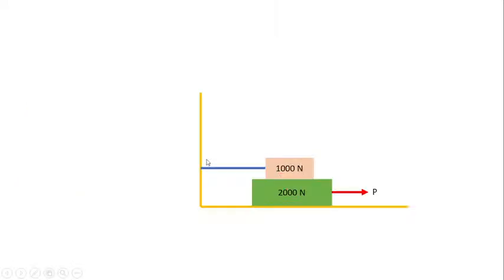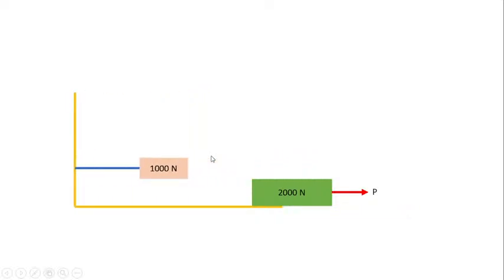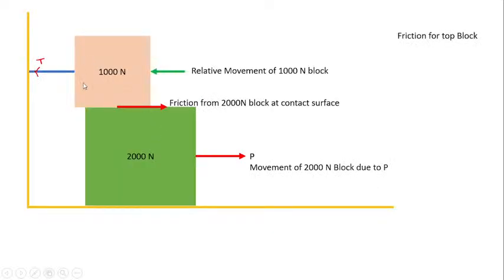Now consider the movement of block A. Block A will be moving like this when force P is applied to block B, but block A will be stationary because it is tied to the wall. There is a contact surface between block A and block B and friction force will be developed between these two contact surfaces.